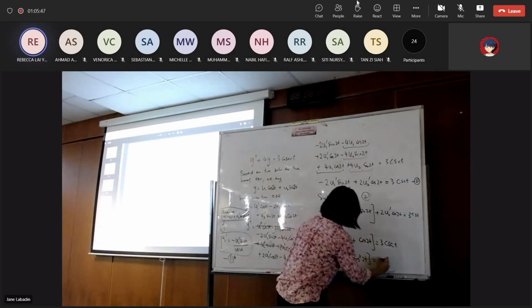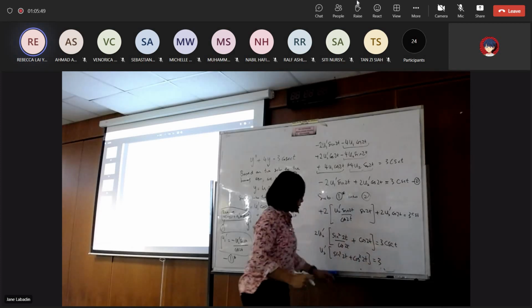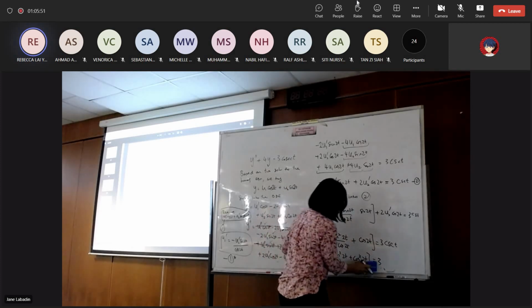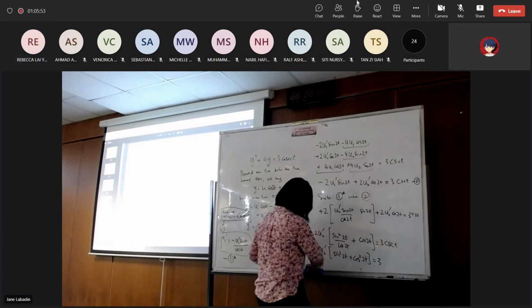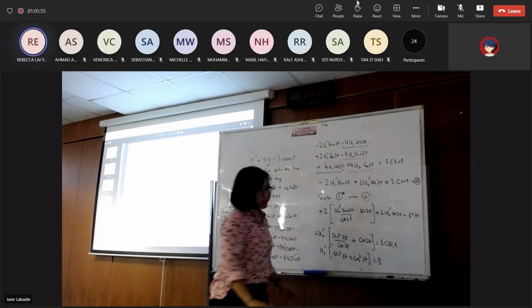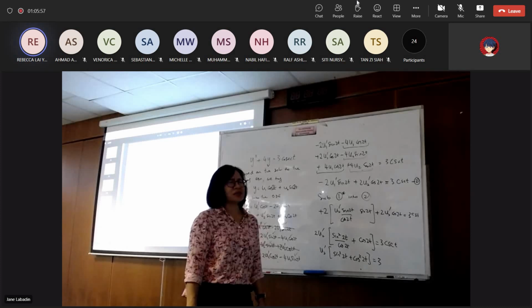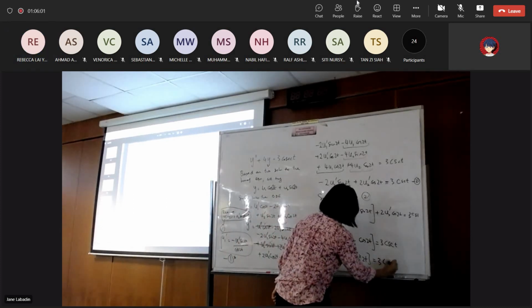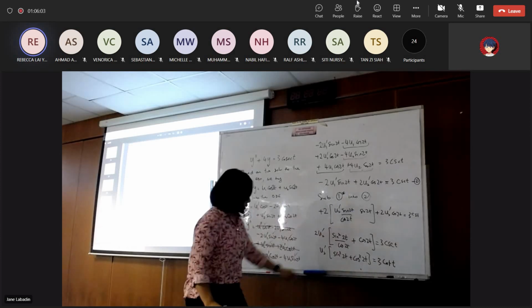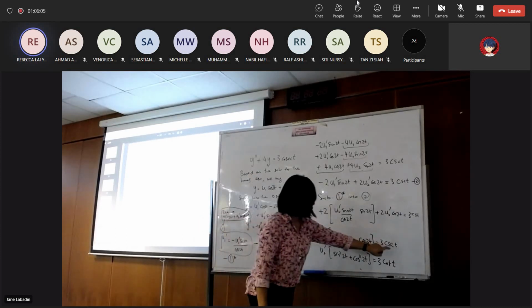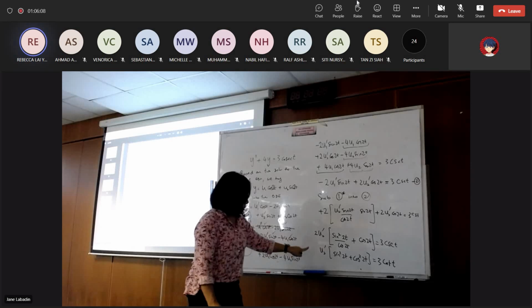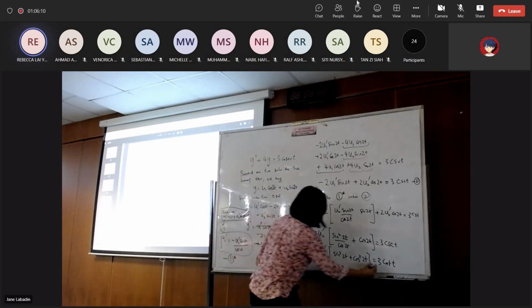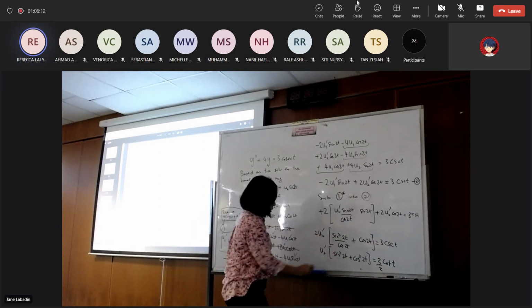Cos over sine, this is cos over sine. Cos over sine is secant, right? Wait, no. Cos over sine is cotangent, right? Because your cos goes here now. Then this is 1.